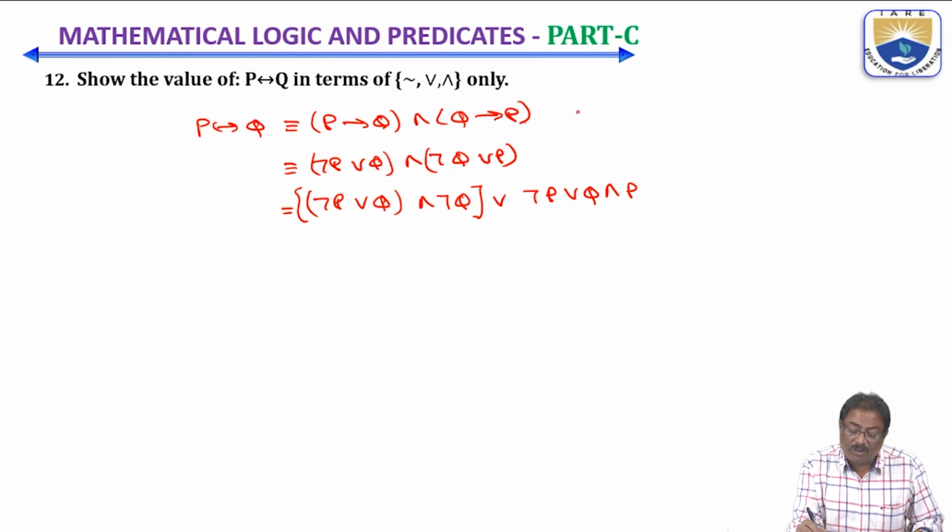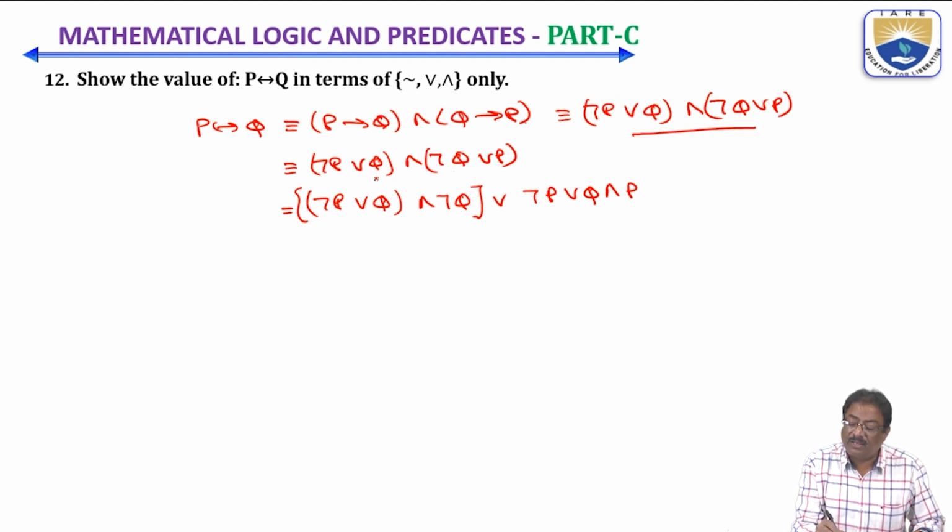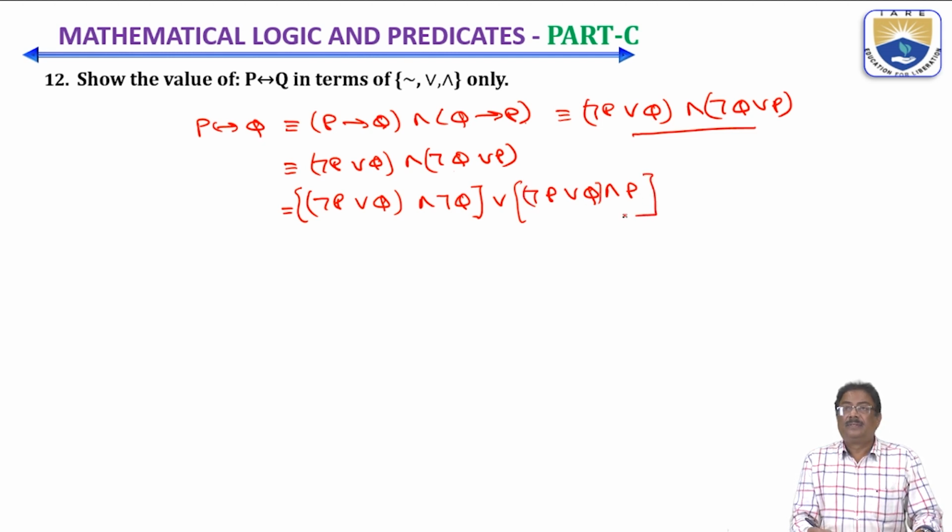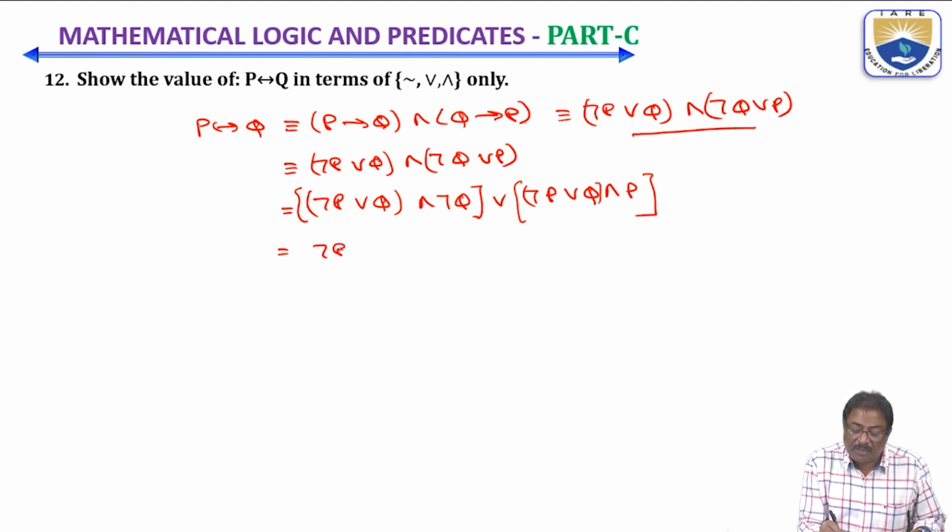This equivalent form is negation P or Q and negation Q or P. Either we can keep it here or, if we further simplify, we get negation P or Q and P. Next, we write negation P and negation Q, or Q and negation Q. Then what about this?